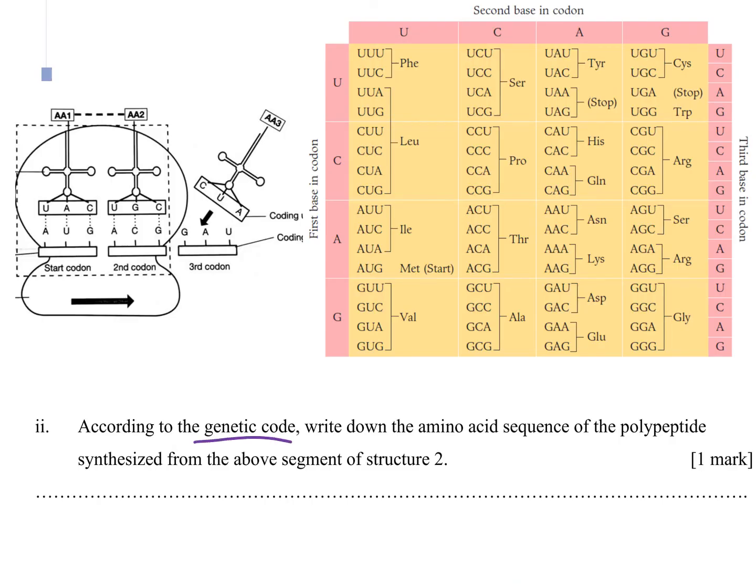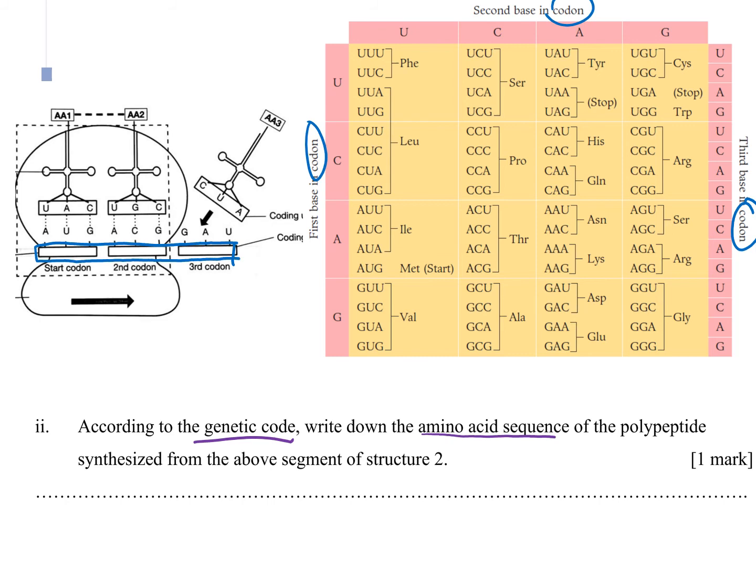And according to the genetic code, can you write down the amino acid sequence of the polypeptide synthesized from the above segment of structure 2? So let's take a look at this table. This is a codon table. And you can find the codons on the mRNA in this part.